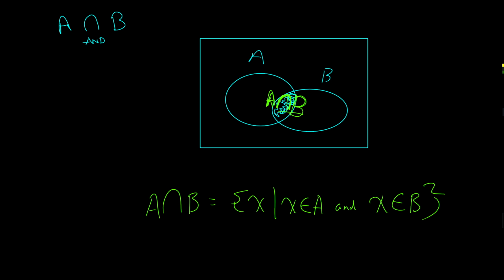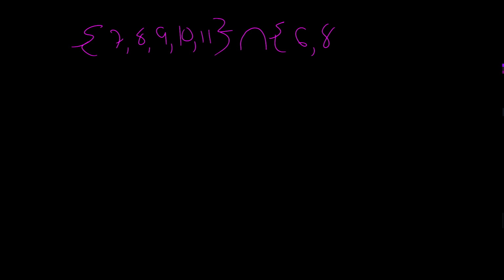Well, let's look at a set intersection with actual numbers and not a drawing. So I'm going to take a set of, I won't use variables for it, I'll just use 7, 8, 9, 10, and 11 will be the first set I'm looking at. And I'm going to look for the intersection of it with 6, 8, 10, and 12.